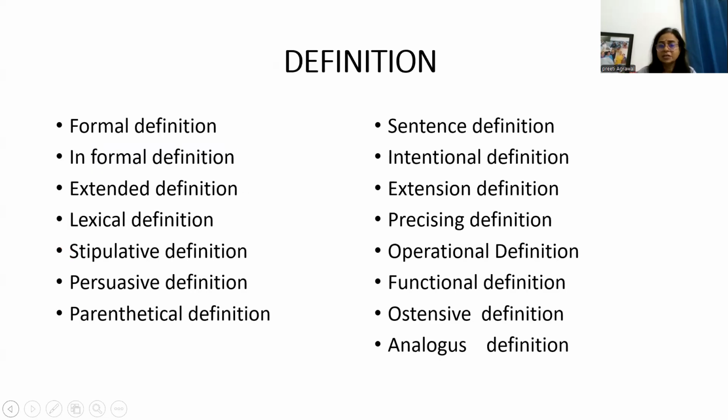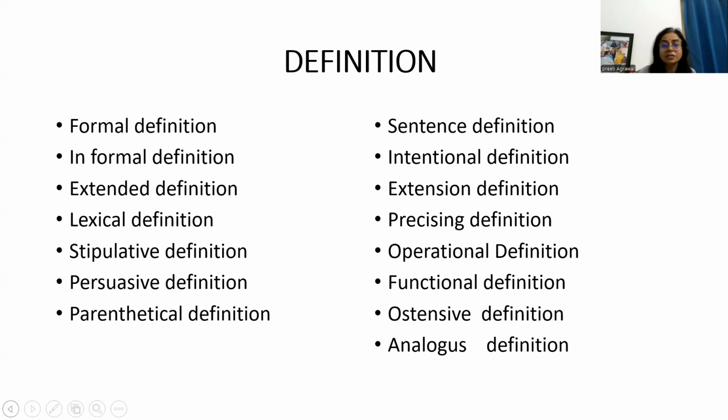Now the next topic is definitions. This is also an extremely important topic, based on the types of definitions. Formal definitions are the definitions we use in a dictionary. Informal definitions: sometimes a word in the form of an antonym or synonym can be used for explaining something unknown.